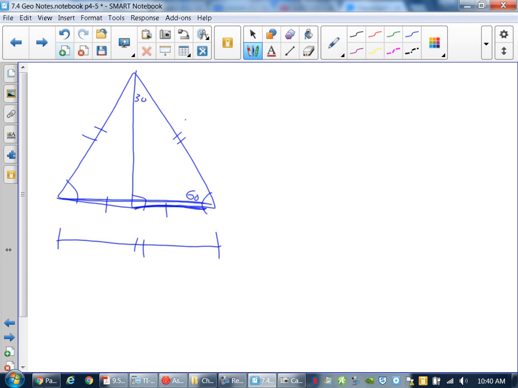So if we say that this side starts at 2, that means this has to be a 1. If you go to find out what this is via the Pythagorean theorem, it's 1 squared plus something squared is 2 squared. When you put that through, you get x squared equals 3 by moving the 1 over. And to solve for x, you get x equals the square root of 3.